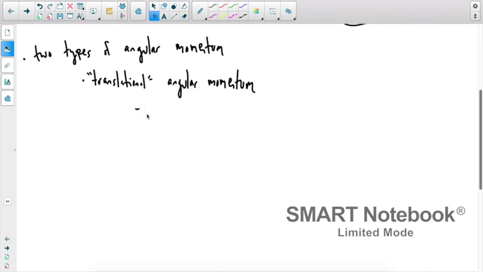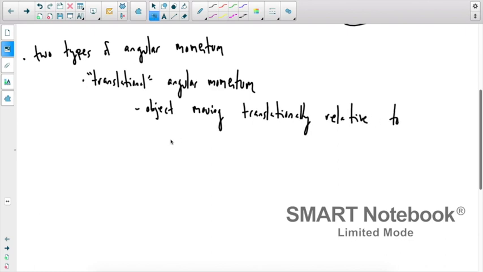So we have an object or a rigid body that is moving translationally relative to some point, where that point is functioning as an axis of rotation.